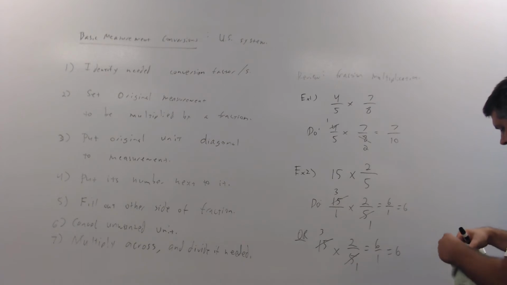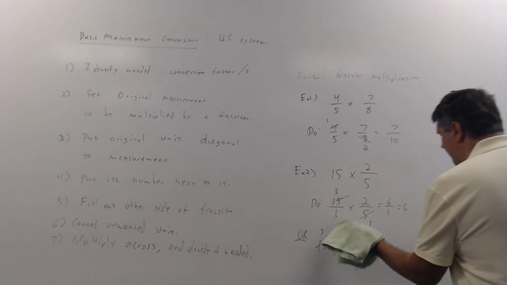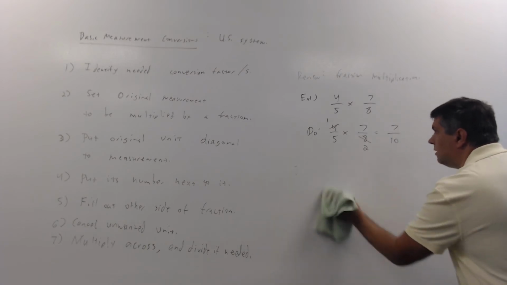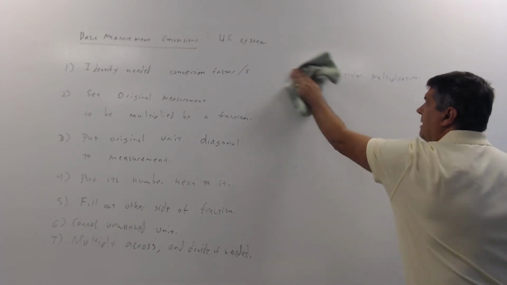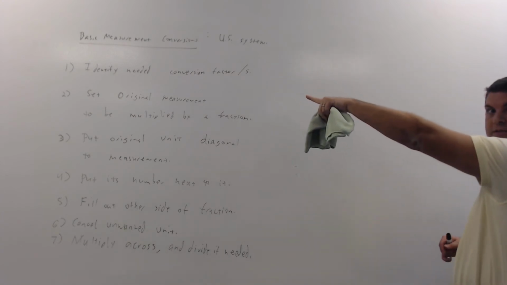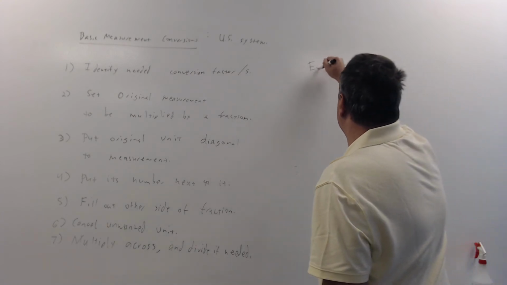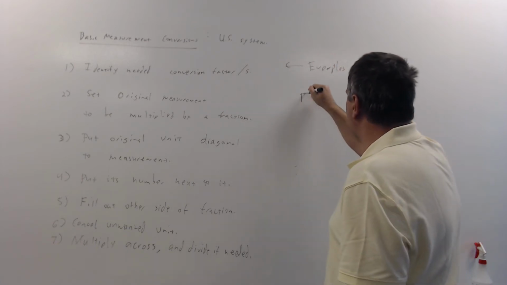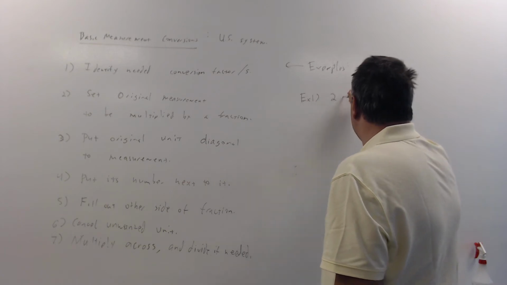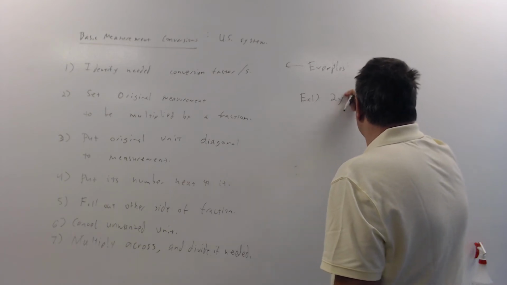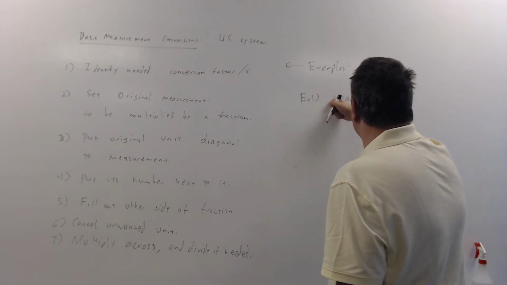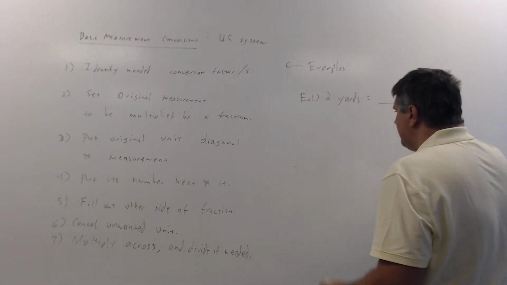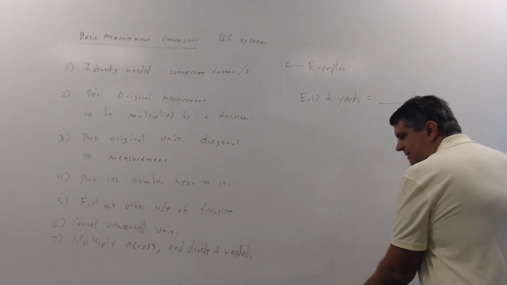So, coming up here, let me erase everything. And now let me do this. Examples. So example 1. 2 yards equals how many feet? Now some of you probably are already thinking it's 6.